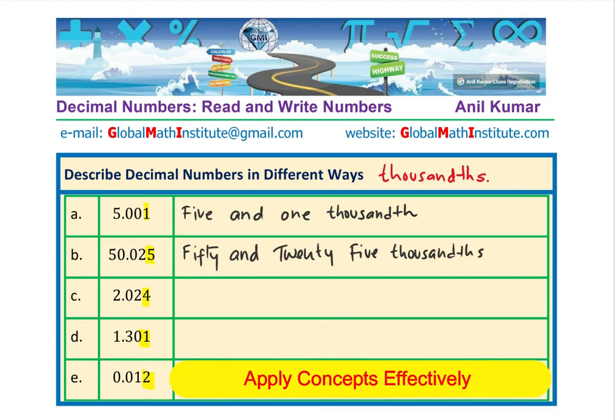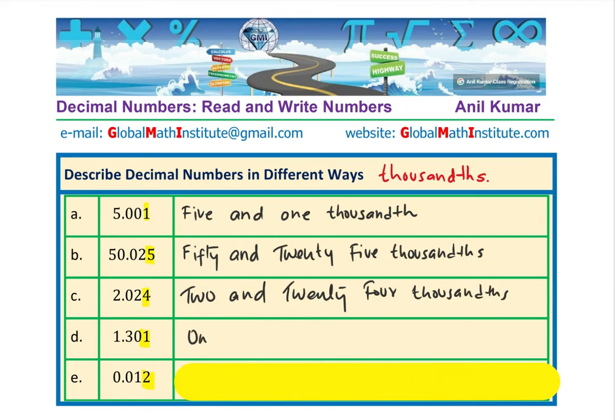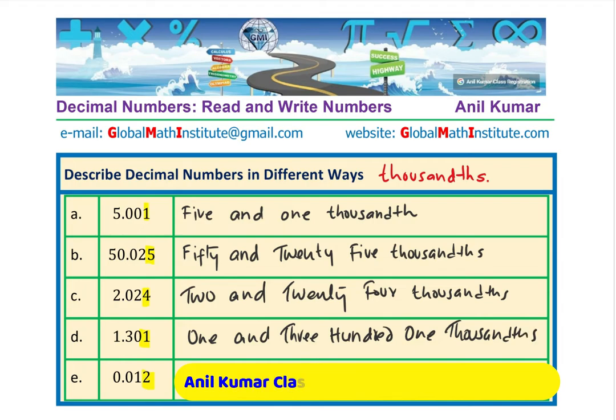Clear? 2 and for decimal, 24 thousandths. 1 and 300 and 1 thousandths. 0 and 12 thousandths.